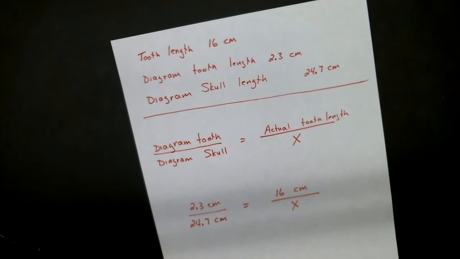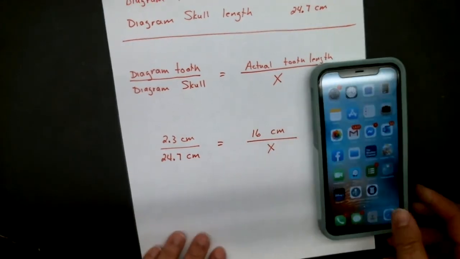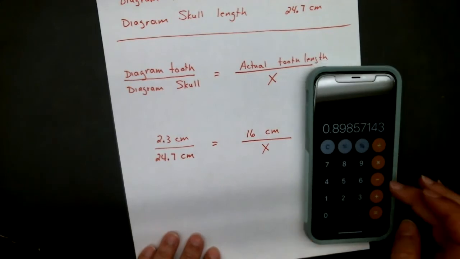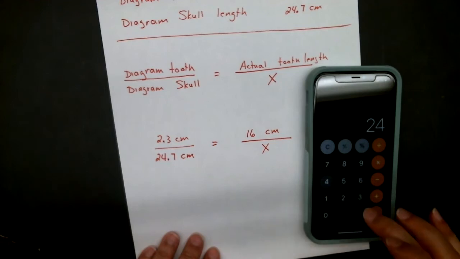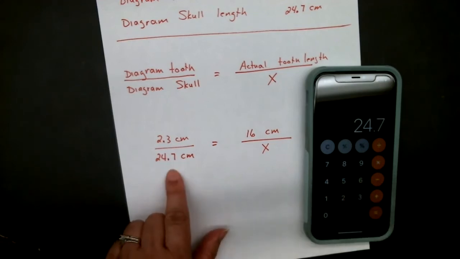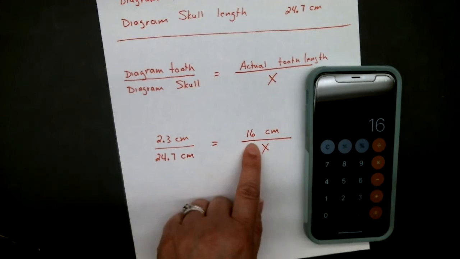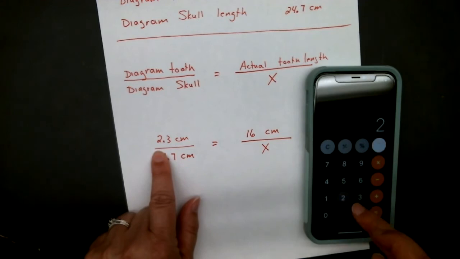All right, so you just cross multiply. You remember how to do that. So I'm going to take 24.7 times 16, and then I'm going to divide by 2.3.